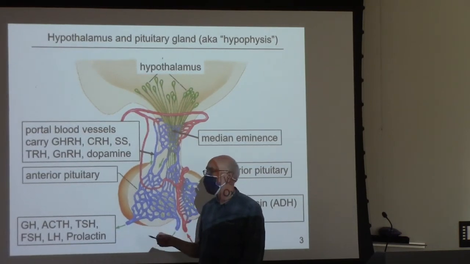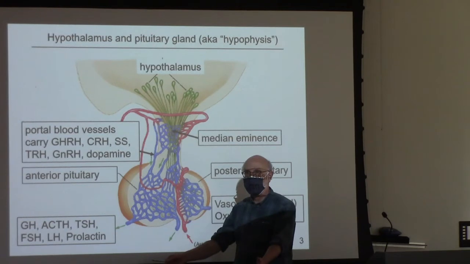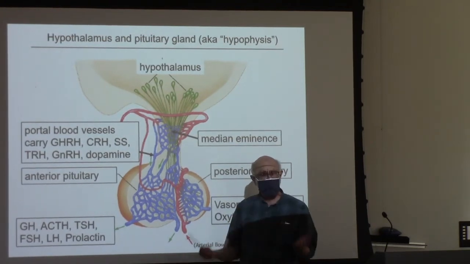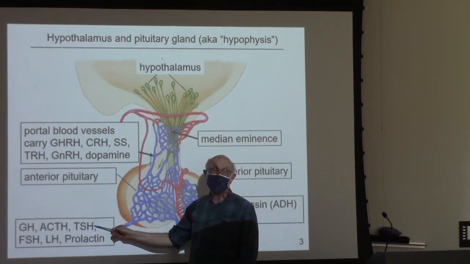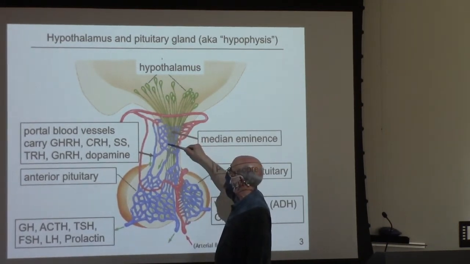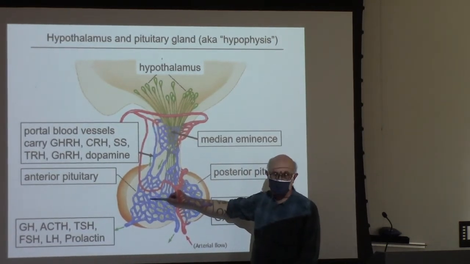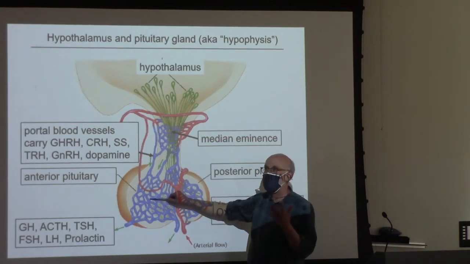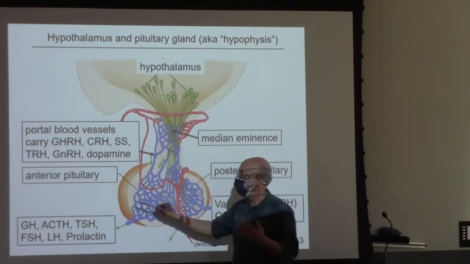Well, now you know what this is going to do. It's going to release TSH into the systemic circulation. It's going to go everywhere, but the receptors for TSH are expressed in the thyroid gland. So we have TRH release, stimulating the thyrotropes, the specific cells of the anterior pituitary, to make TSH.